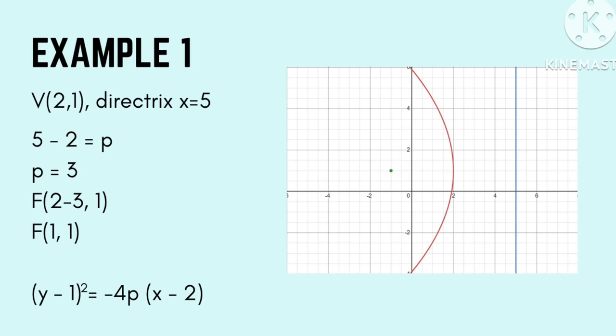So if we form our standard equation, we would have (y minus 1), which is our k, squared equals negative 4p, because it is facing to the left, times (x minus 2).